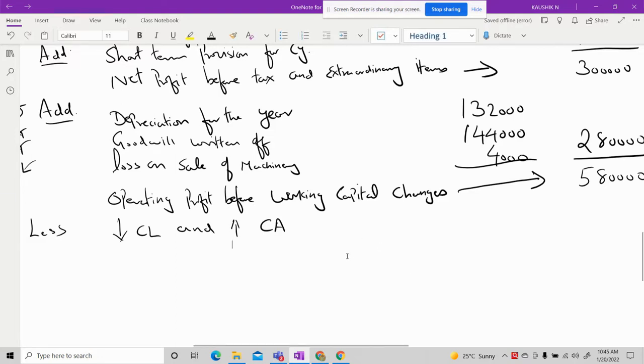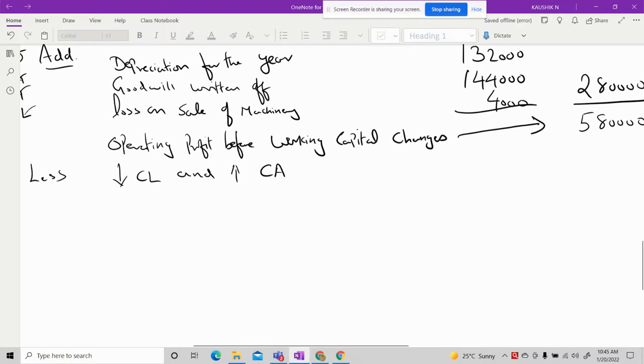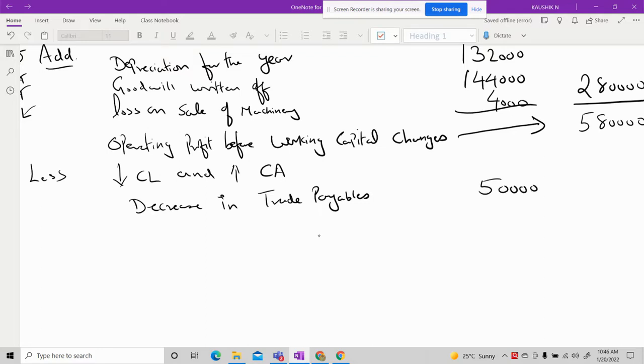So first under this you are going to bring trade payables, because in current liability you have got trade payable. So decrease in trade payables. How much is the value you got decreased? 50,000 rupees. Next, you didn't have any other current liability getting decreased. You are going to switch over to your current asset. So two current assets got increased, inventory and trade receivable.